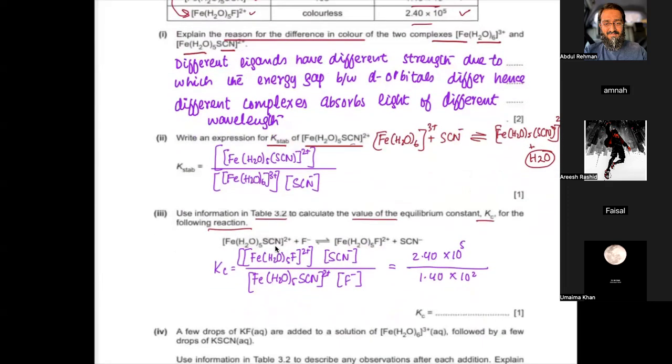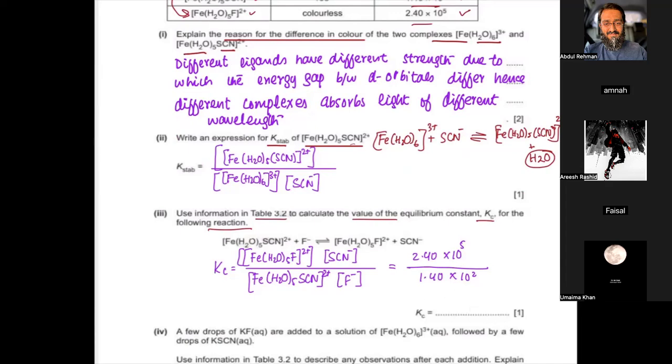Okay. So can anyone solve it and tell me the answer? Okay.